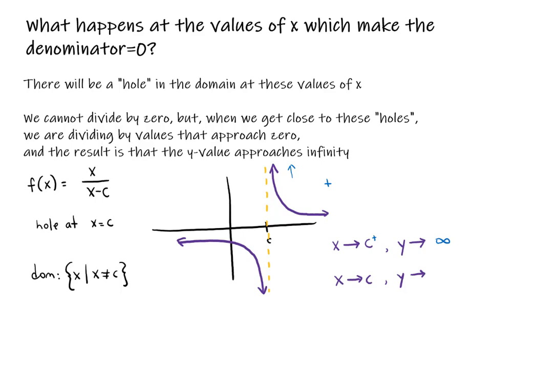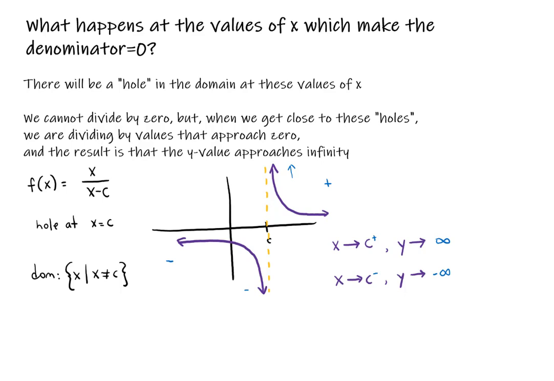However, if we approach c from the negative side, and you're going to put the negative on the other side of c, not in front of it, then we're going to approach negative infinity. But this could change, so it depends on however the graph looks.